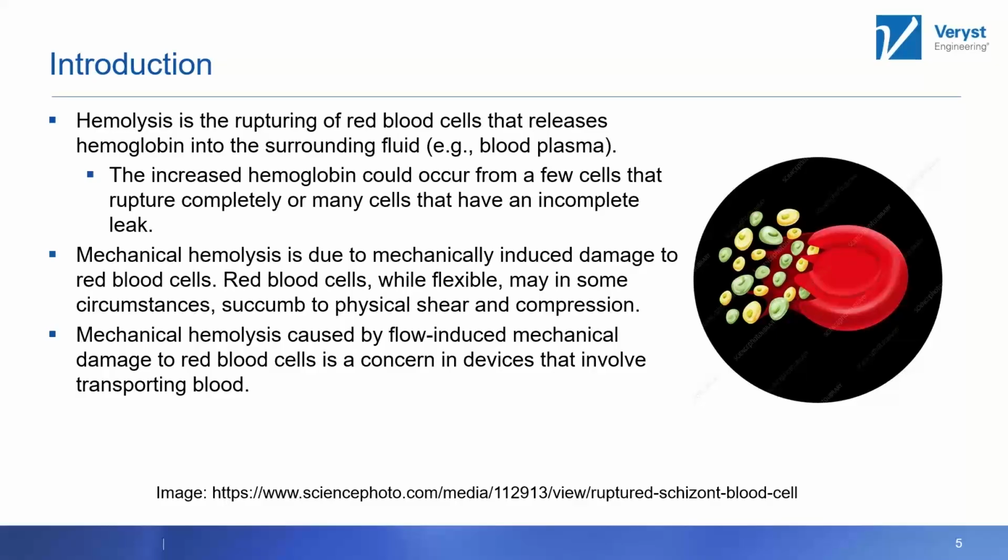The concern of this study is mechanical hemolysis, or shear-induced hemolysis, which happens in mechanical devices. So to wrap up this slide, if a red blood cell is damaged, hemoglobin is released, and by quantifying the released hemoglobin in blood, we can understand whether red blood cells are damaged or not.